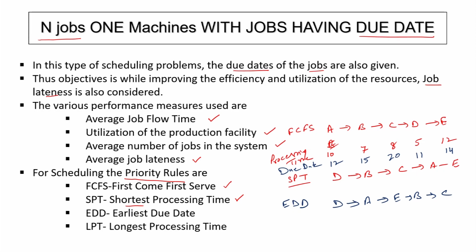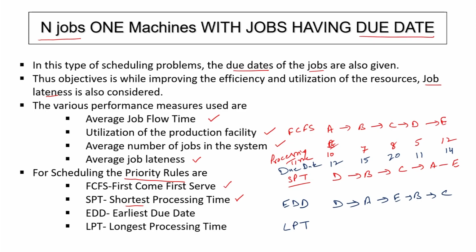Okay. And there may be a case where we consider the longest processing time, because those jobs will take more time, so let me start them first. Though it is very rarely used, definitely in maintenance and other activities, sometimes we start first the job which requires the longest time, because it will take a long time.